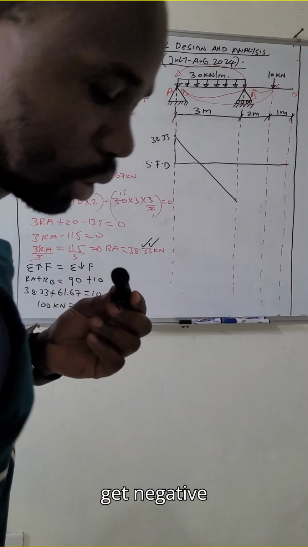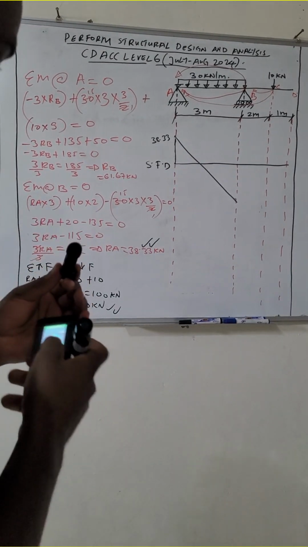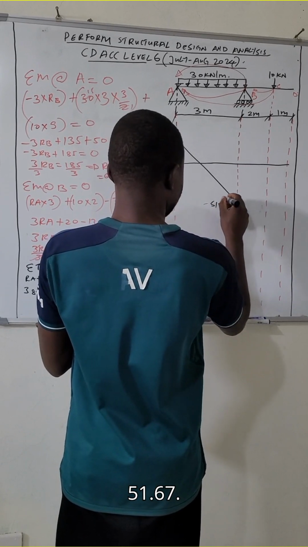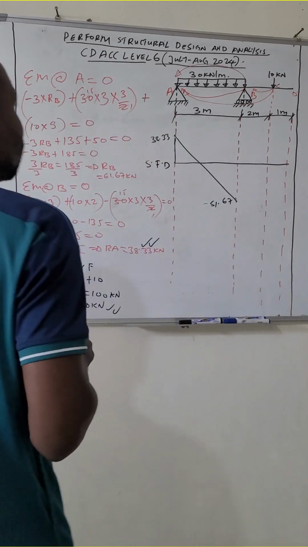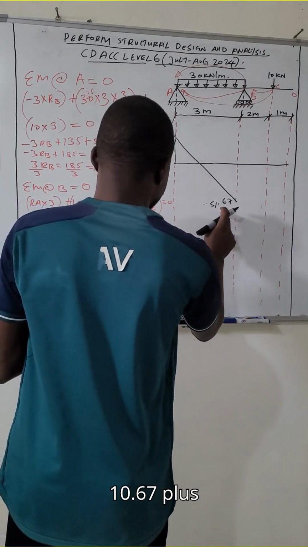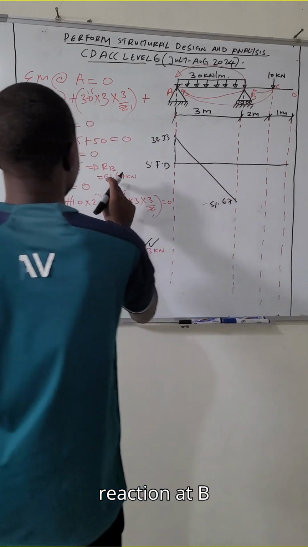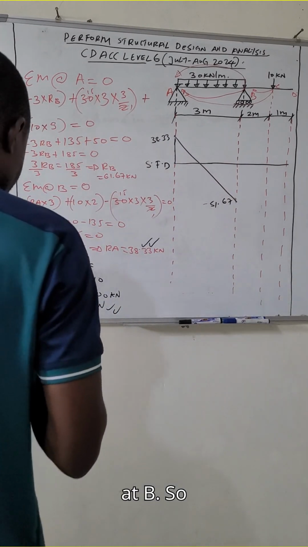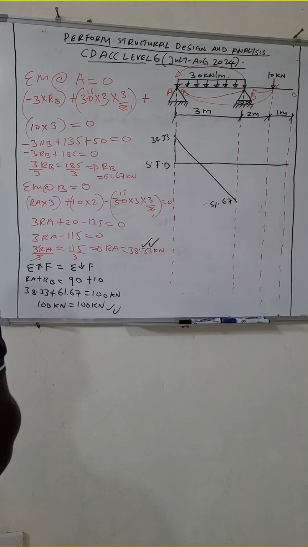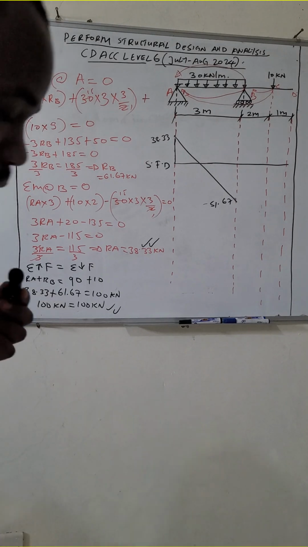So that you get negative 51.67. After that, we'll take this negative 51.67 plus reaction at B, which is 61.67. So you get 10.